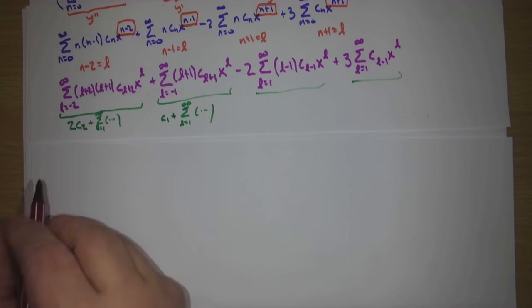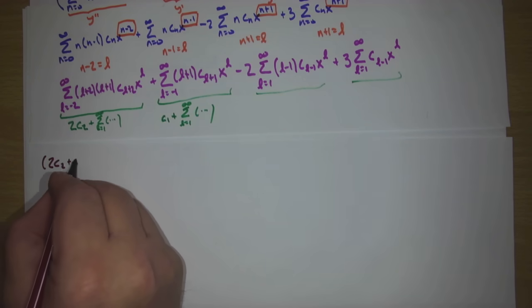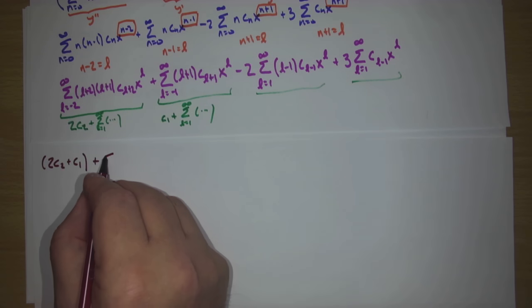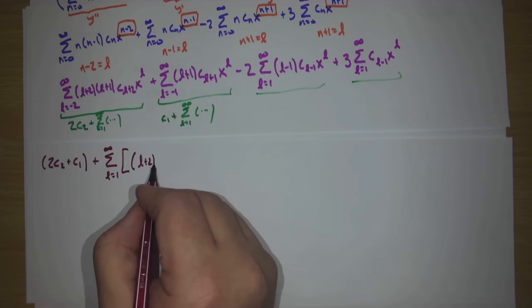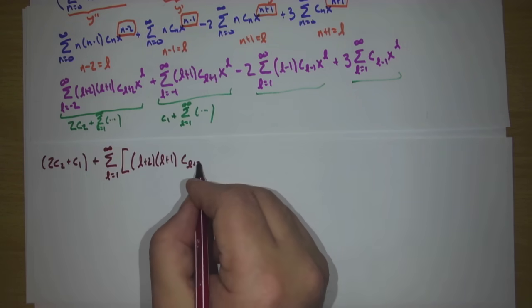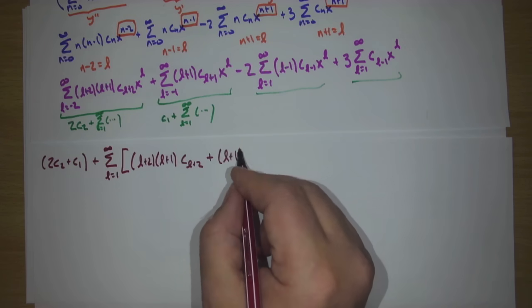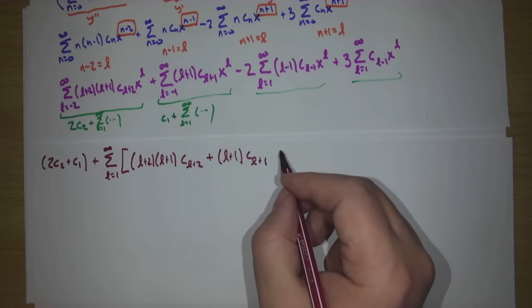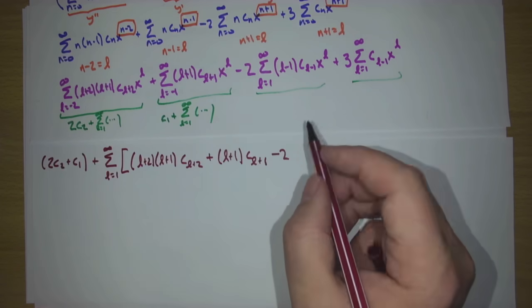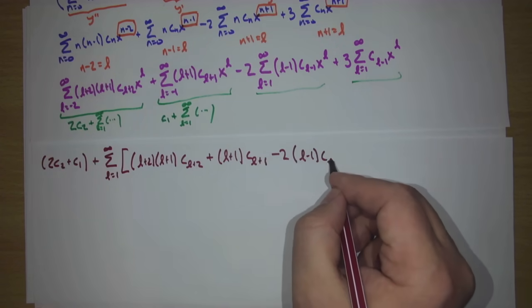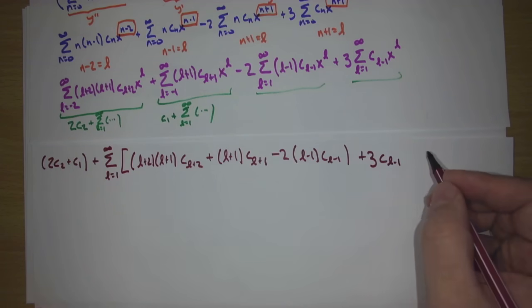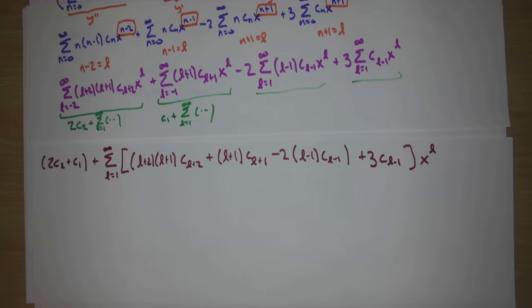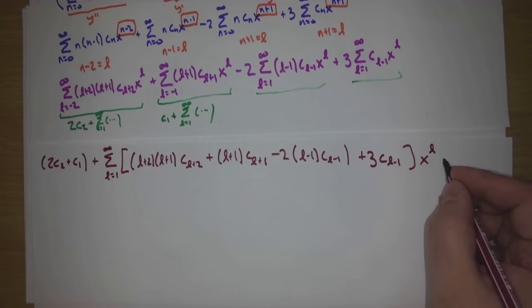We have the stuff we pulled off, so that's 2C2 plus C1 plus one big sum, L equals 1 to infinity, of L plus 2 times L plus 1, CL plus 2, plus L plus 1, CL plus 1, minus 2, don't forget about coefficients in the front, times L minus 1, CL minus 1, plus 3, CL minus 1, x to the L. Okay, and all of that equals 0.